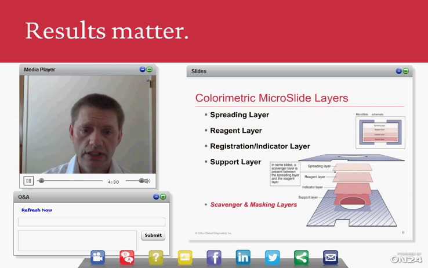In general, slides have a number of layers, including the spreading layer, where the sample is applied, a reagent layer, a registration layer, and a support layer. And I'll be speaking about each of these in a little bit of detail.